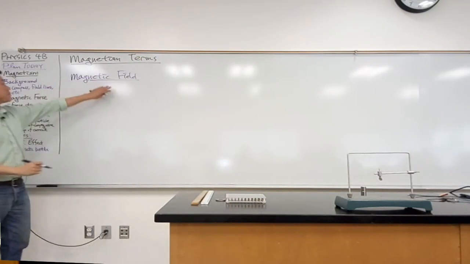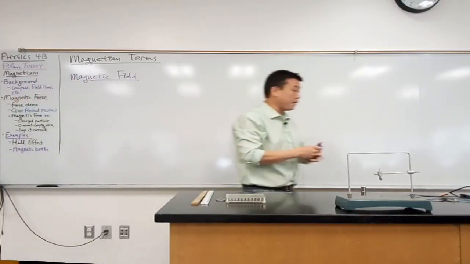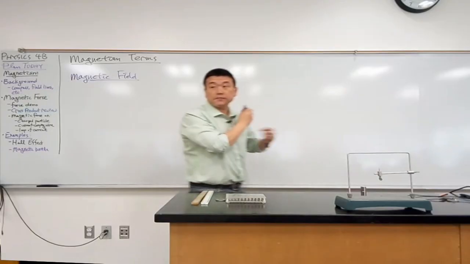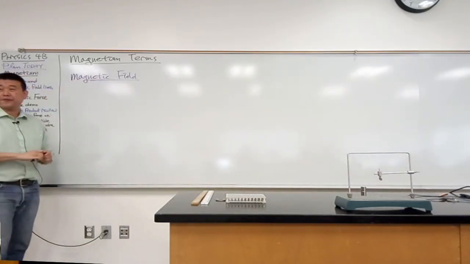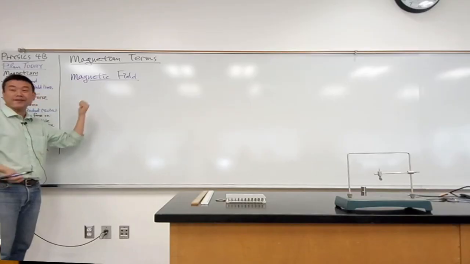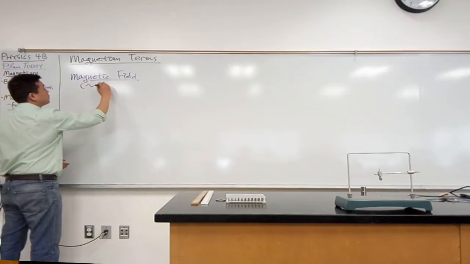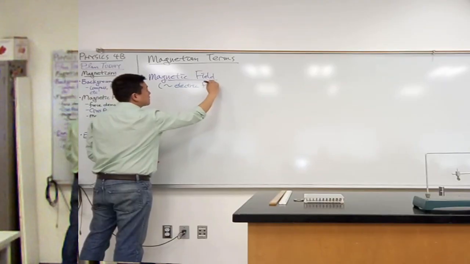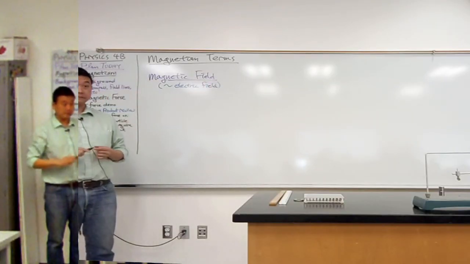And when I mention magnetic field, if you are thinking of electric field that we have talked about before, it'll be a good place to start. So for now, I don't really want to define magnetic field quite yet. We'll get to it. But for now, for your intuitive feel, I want to say it's similar to electric field, except that it's dealing with a magnet, right?